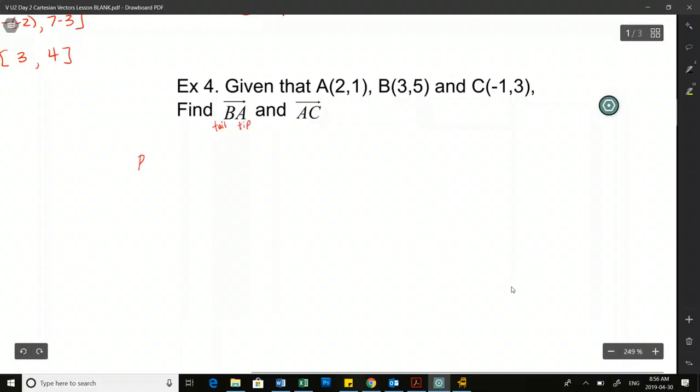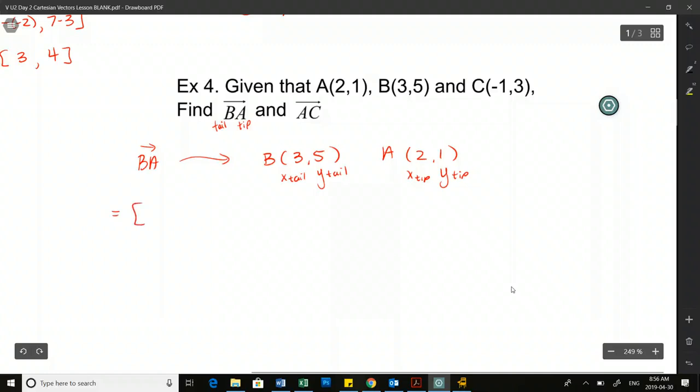So when I'm finding BA, I want to think about B, 3, 5, as x of the tail and y of the tail, and then A's x and y coordinates as x of the tip and y of the tip. So vector BA is going to be equal to 2 minus 3 and 1 minus 5. So we'll get -1 and -4 for BA.